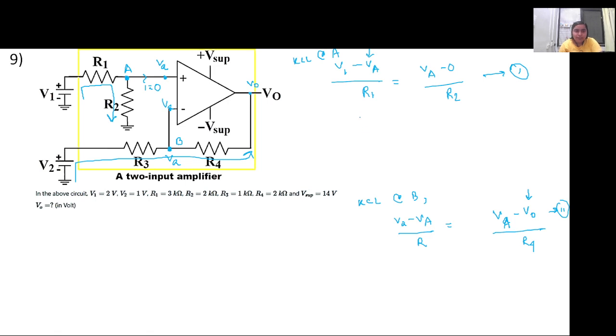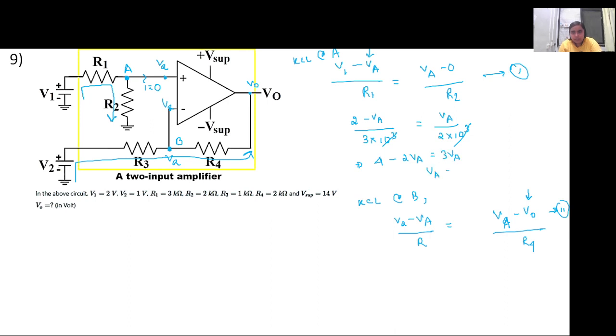So please quickly solve it. V1 is 2 volt, VA we do not know, R1 is 3 kilo ohm, and VA by R2, where R2 is 2 kilo ohm. So we get 4 minus 2 VA equal to 3 VA.